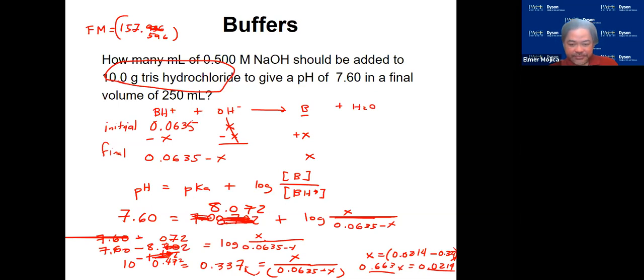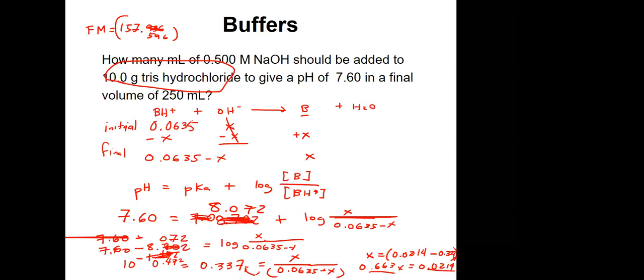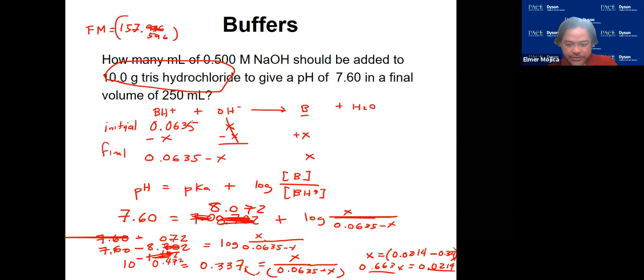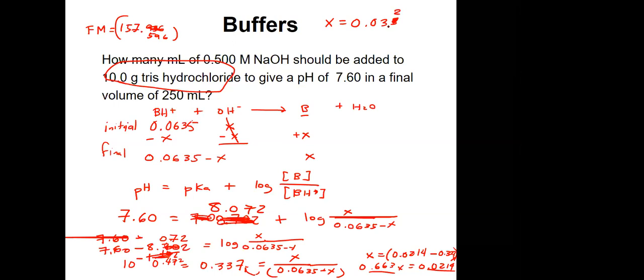What's the x that I got? Anyone? 0.337 times 0.0635 is 0.0214. You get this? 0.0323, yes.